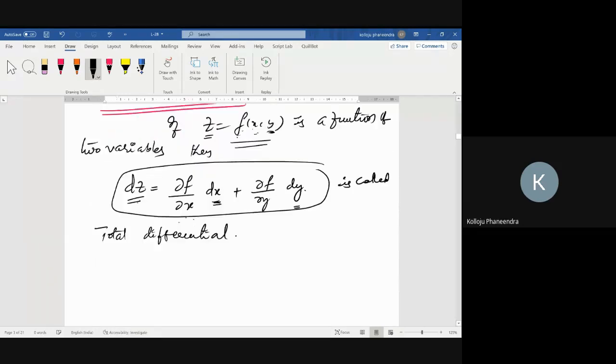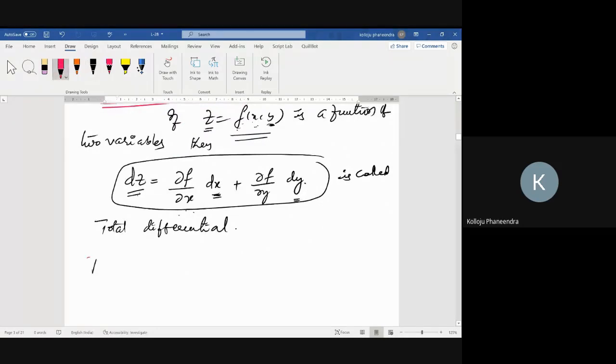And the next one is total derivative. Okay, let me write one more for a function of three variables also.